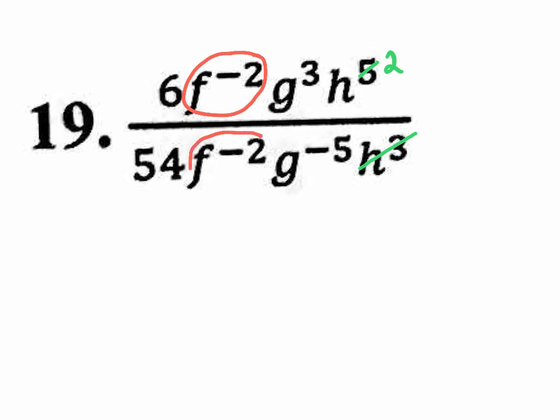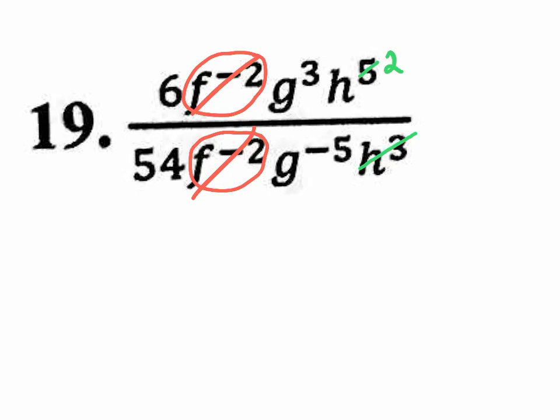But then this f to the negative 2, technically I need to move it up, right? But either way, cancel them because they're the same identical thing on top and bottom. So if you have 5 over 5, it cancels, it equals 1. 7 over 7, cancel, it equals 1. f to the second over f to the second, cancel, it equals 1. f to the negative 2 over f to the negative 2 cancels, it equals 1.